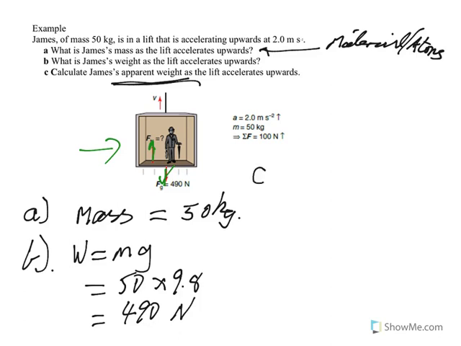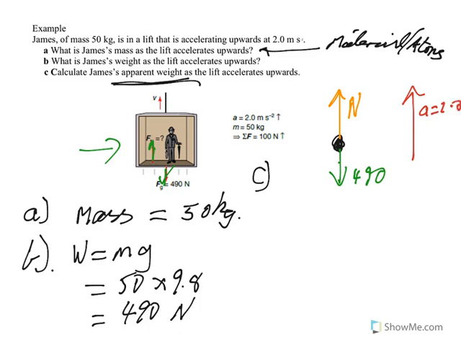So on James, I'm just going to draw James as a dot. James has two forces. He has the weight force of 490. He has the normal reaction force up at his feet, and the other thing that's happening is that James is accelerating at 2 metres per second squared.